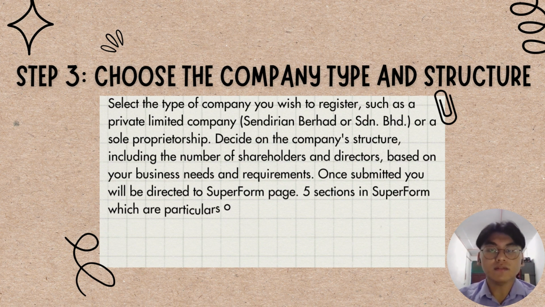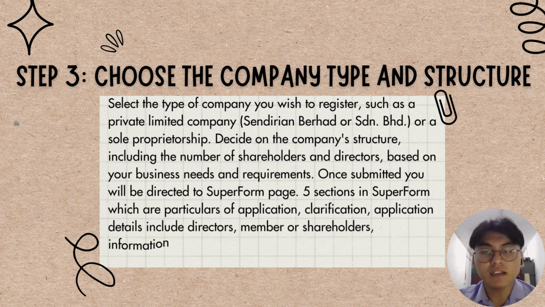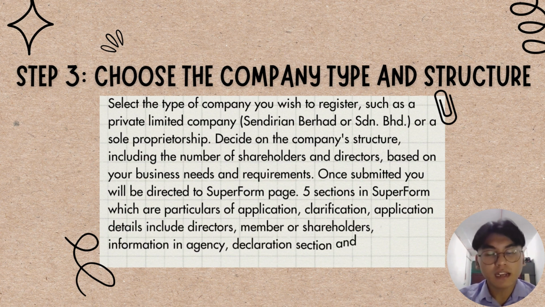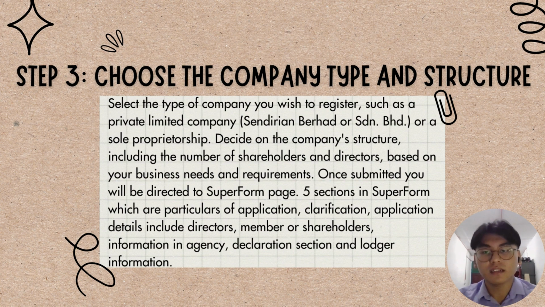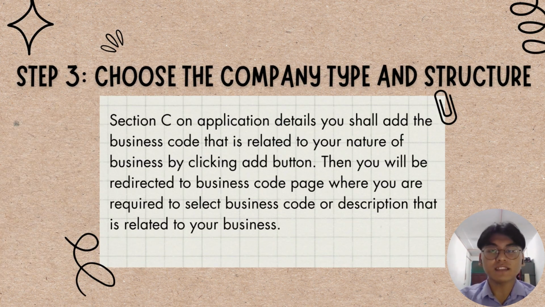Once you have submitted, you will be directed to Superform, which has five sections: particulars of application, application details including directors, members or shareholders, information on agency, declaration section, and lodger information.